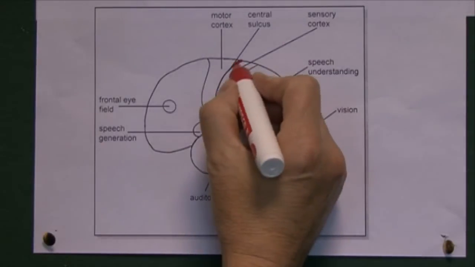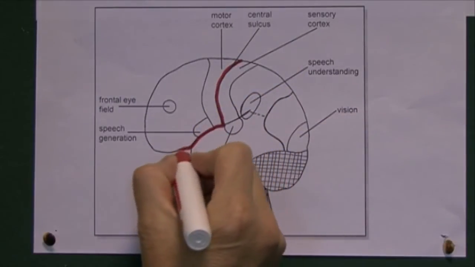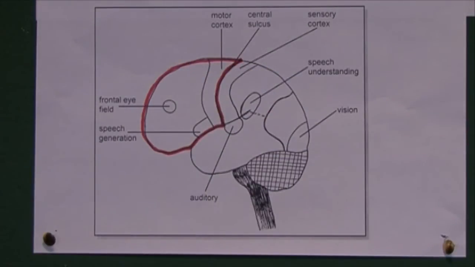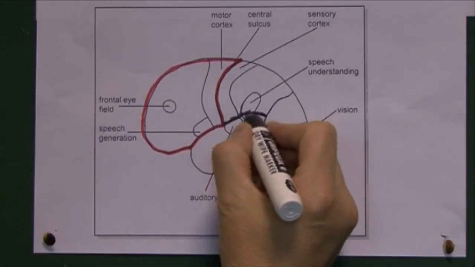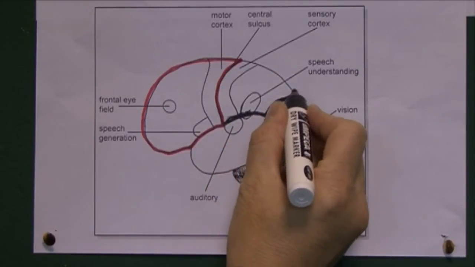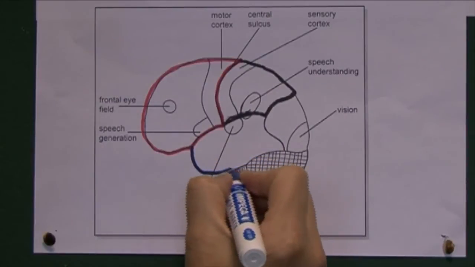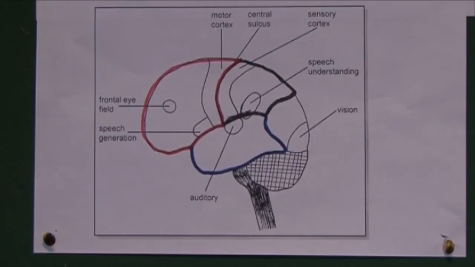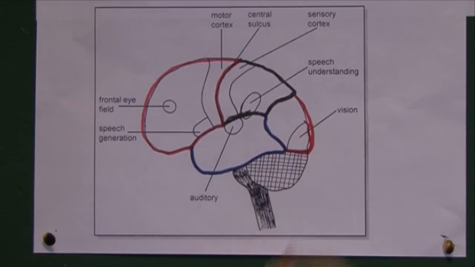So here we have the central sulcus. And this area in front is the frontal lobe. Then here we have the parietal lobe behind that, the temporal lobe underneath, and we can see the occipital lobe, which generates vision at the back.